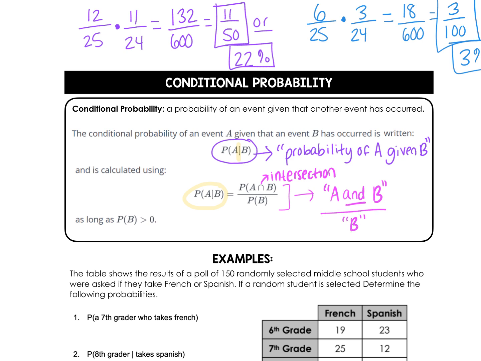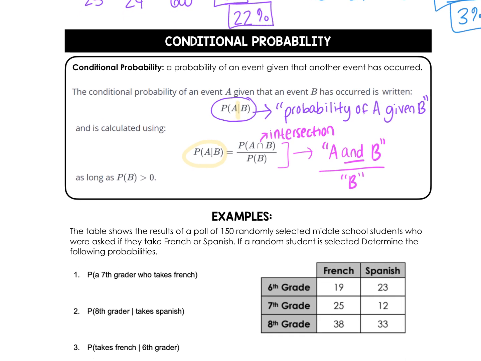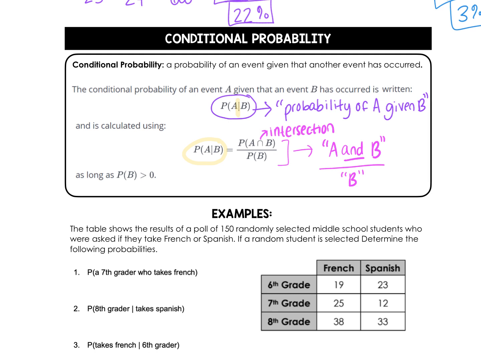So both events divided by the probability of the one that's given. So probably still a little bit confusing, but we'll do a couple examples down here.